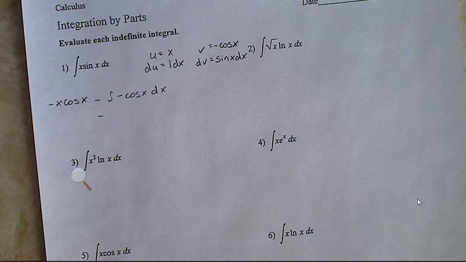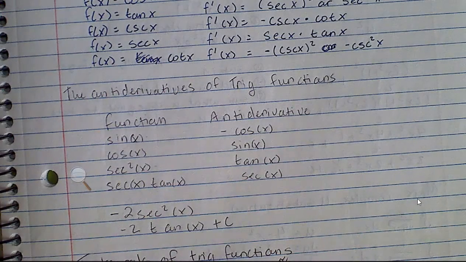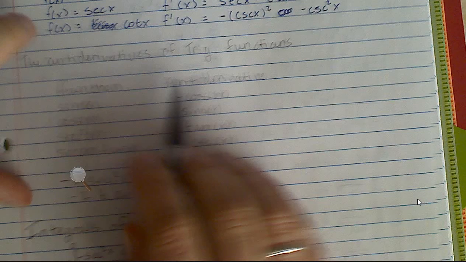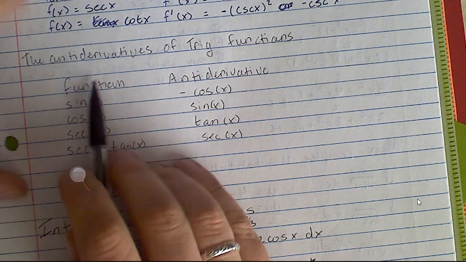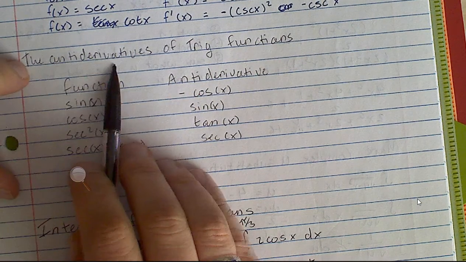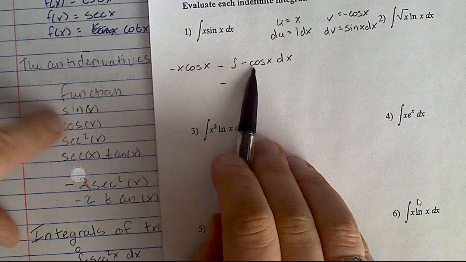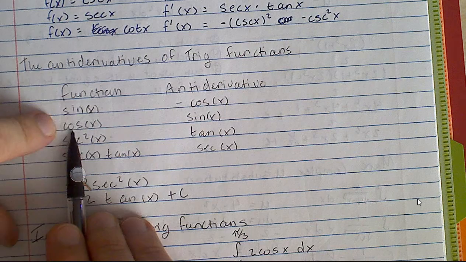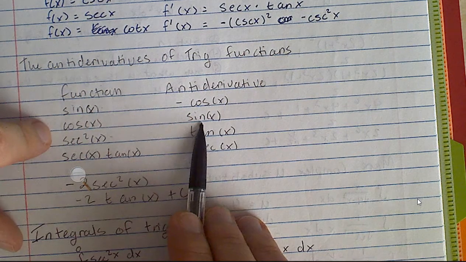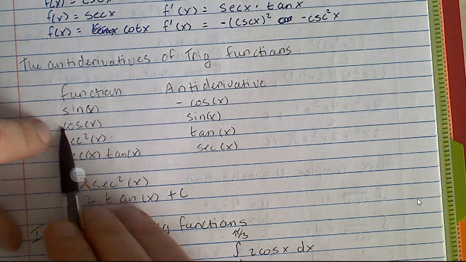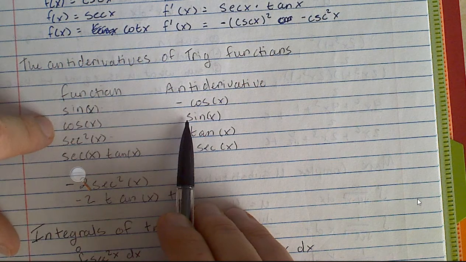So if you're integrating, you're using the antiderivative. So the notes that we took, let's look back here. We're using the integral, so we're using the antiderivative. The function that we have here is negative cosine. So regular cosine is regular sine, so if it's negative cosine, it's going to be negative sine.